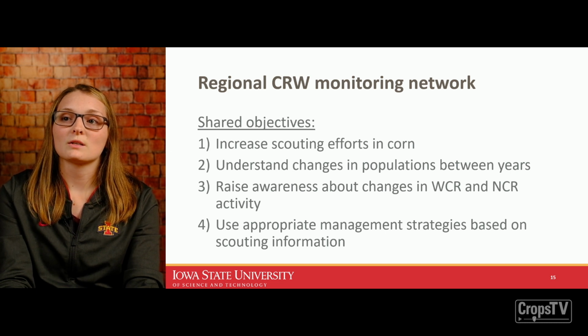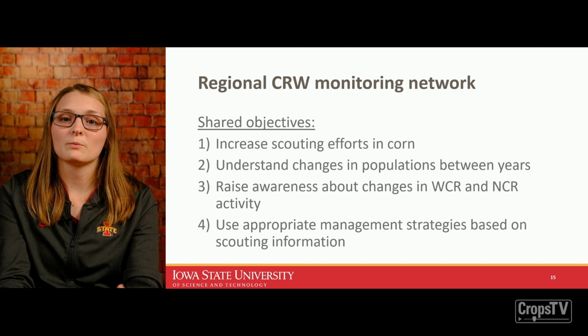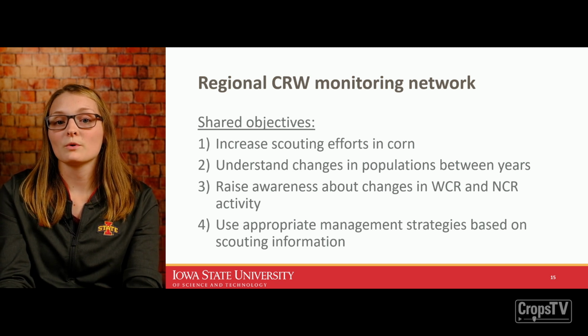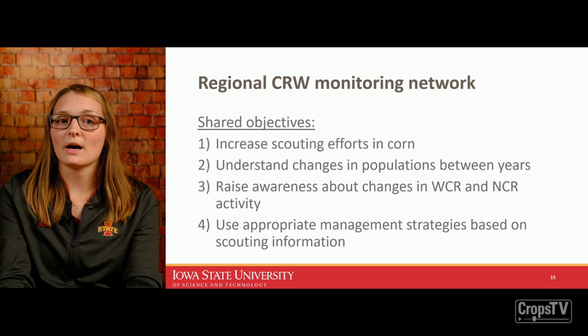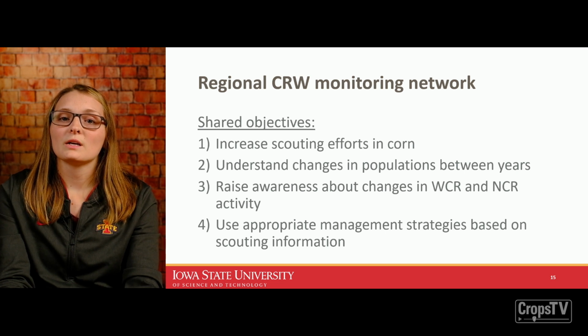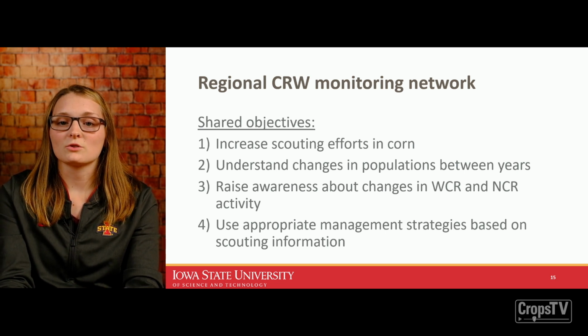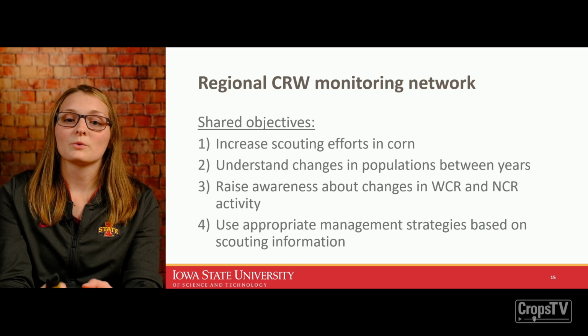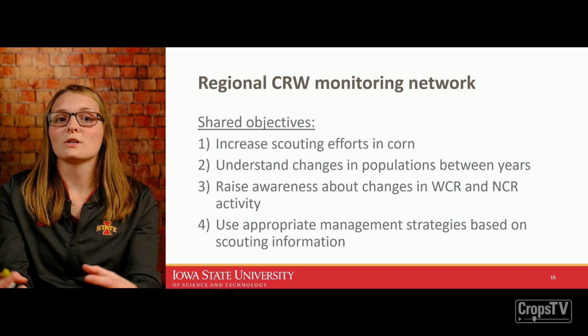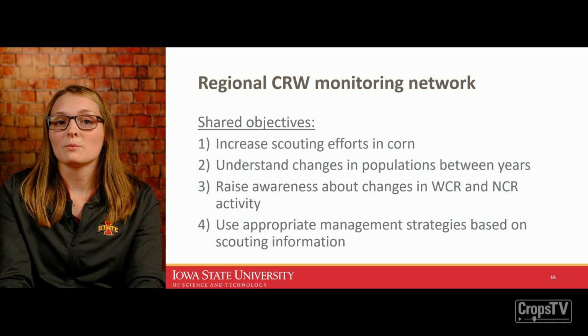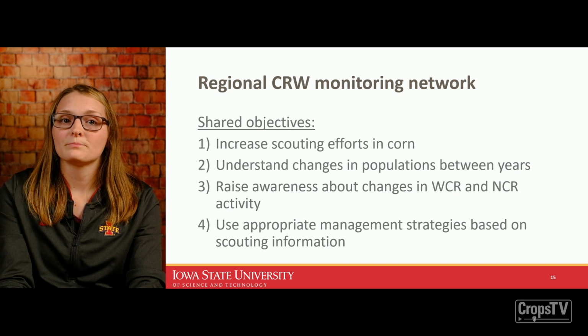This could be something like what happened this year, where we just had a lot of rootworm beetles and people were generally worried about rootworms even if they hadn't had issues in the past. But also it could be if the ratio of these species is changing either in a particular field or across a region. That's something we would want to be able to monitor and assess.